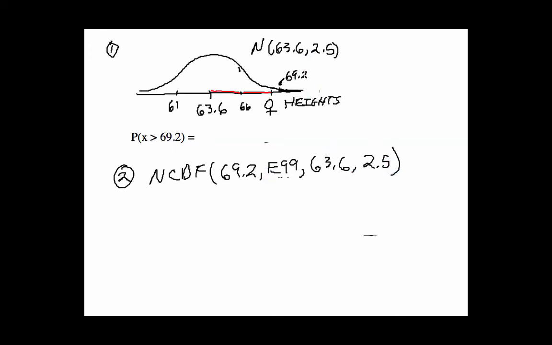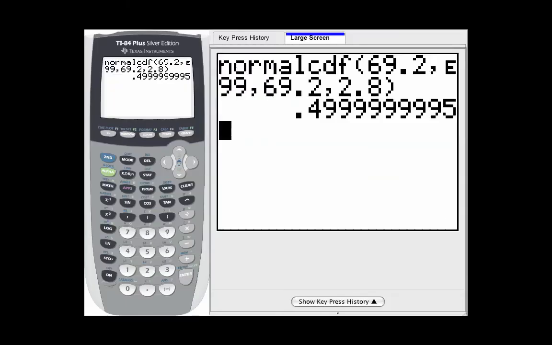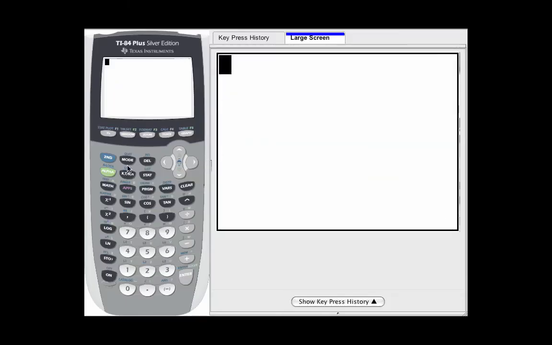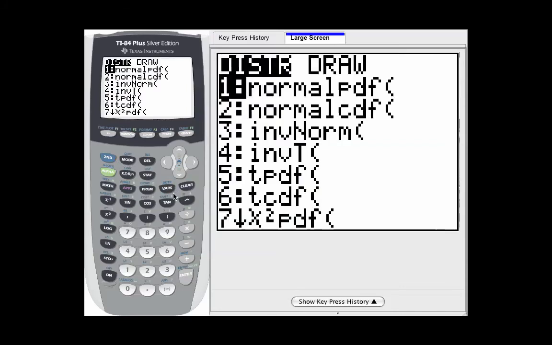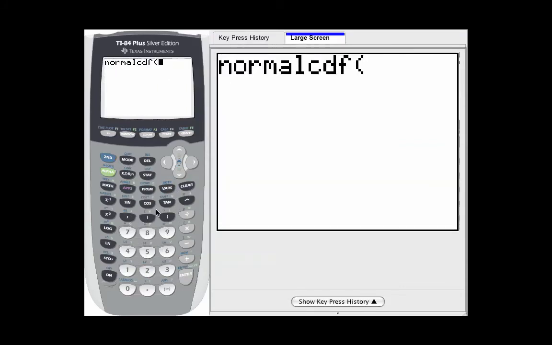All right, so let's go ahead and get the calculator up here. Go second vars, number 2 for normalcdf. Our left endpoint again was 69.2. Our right endpoint was E99. Our mean was, what was the mean again?